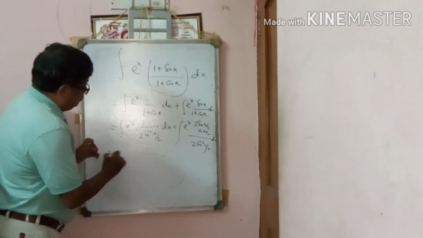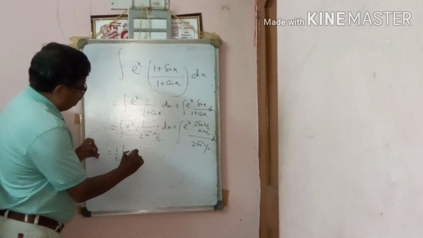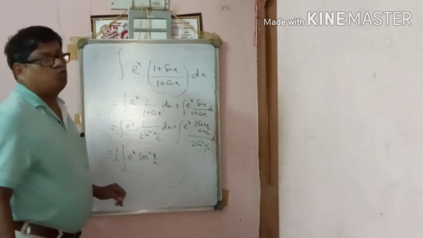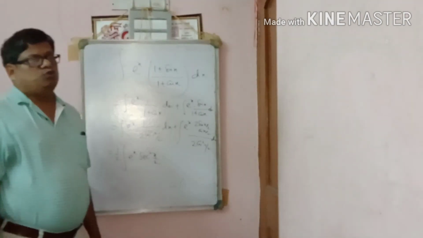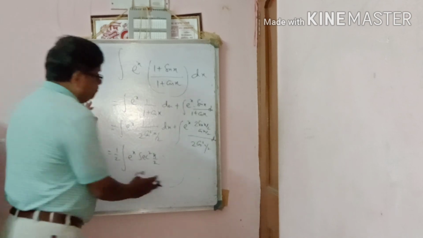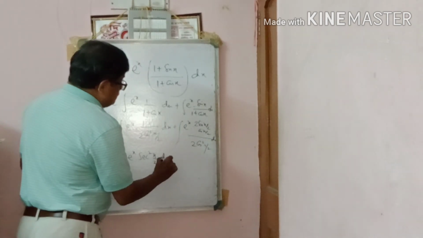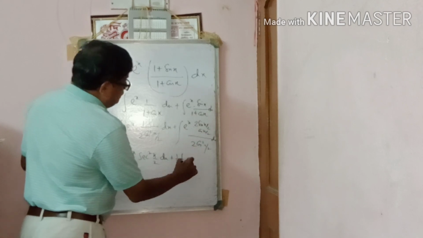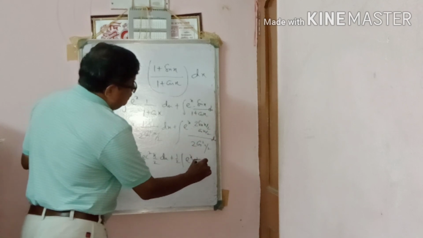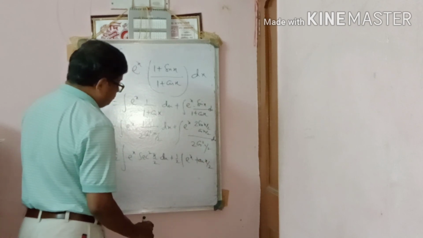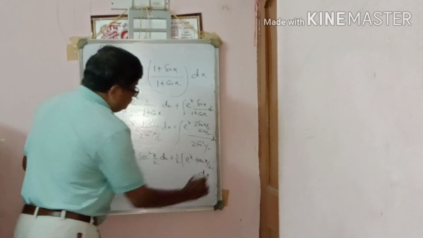Now take half outside, e to the power x, this is sec square x by 2, 1 by cos square x by 2. So 1 by cos square x by 2 is sec square x by 2, dx, plus half, cos cancels, 2 cancels, e to the power x tan x by 2 dx.